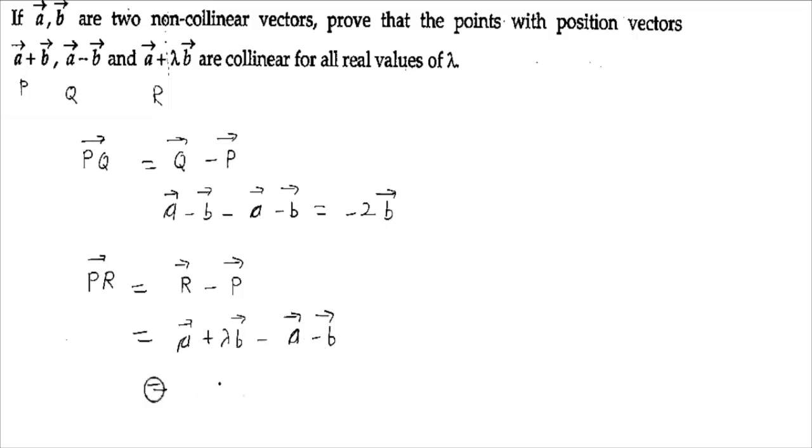So this is equal to lambda minus 1 times b vector. So we can clearly see that pr vector is equal to minus of (lambda minus 1) by 2 times pq vector.